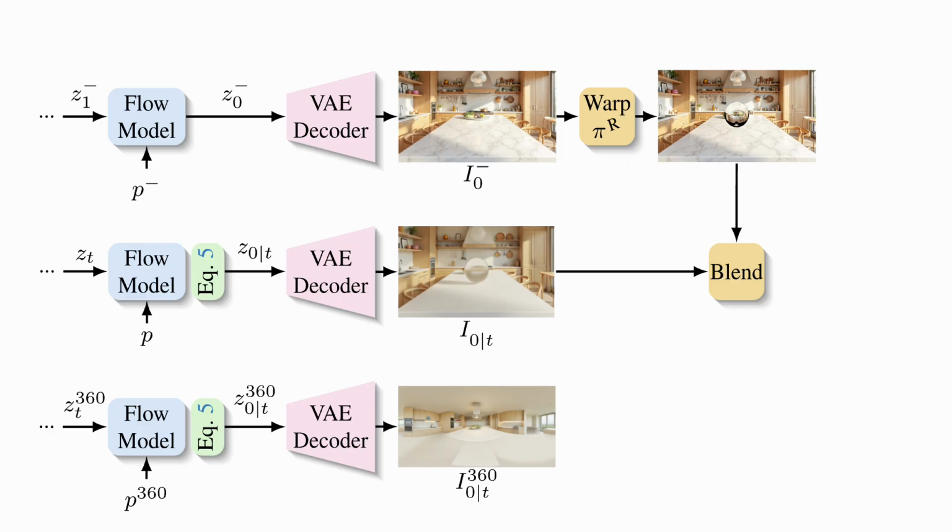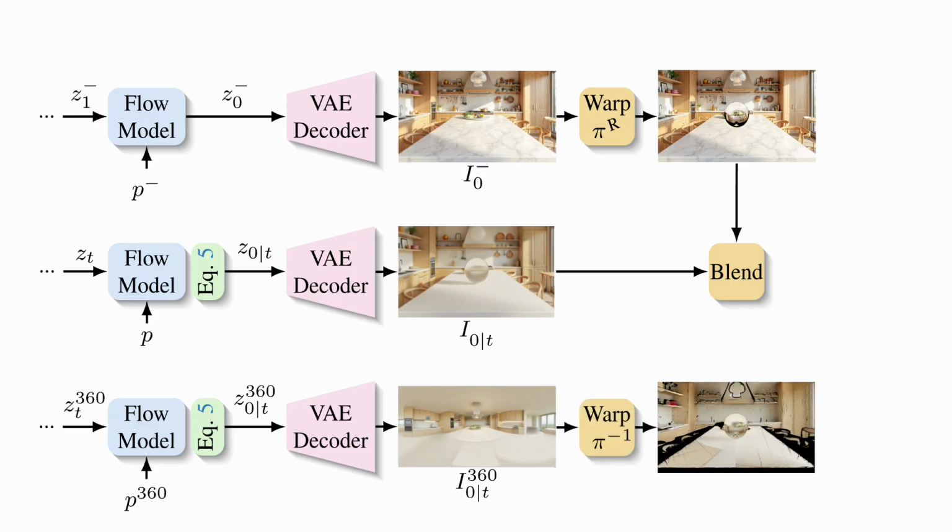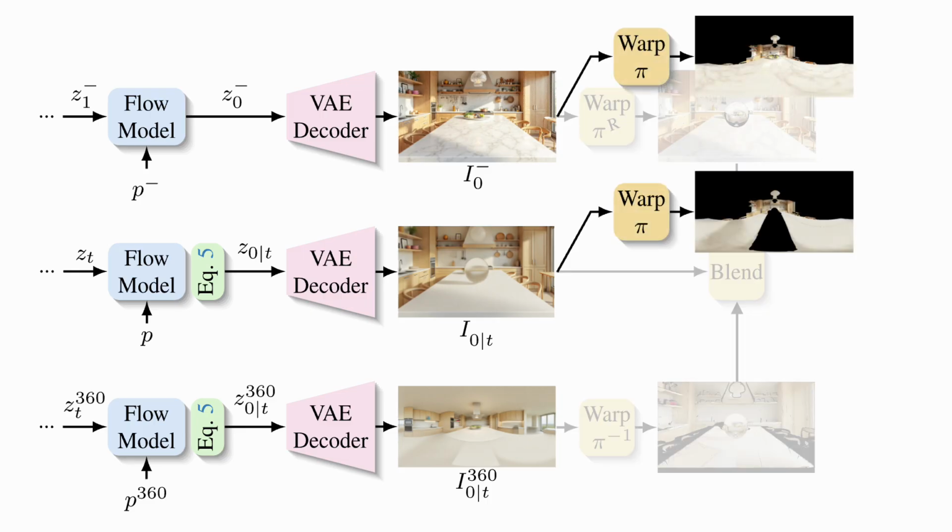It is a 360-degree image capturing what we can see from the center of the transparent object. We warp the panorama to the perspective view and blend it with the two perspective images. At the same time, we also warp the two perspective images into the panorama view and blend with the panorama branch.